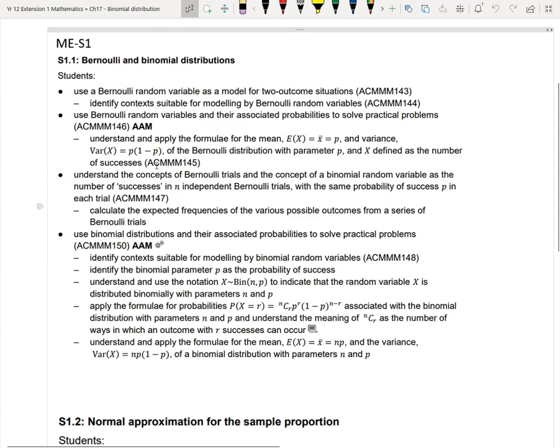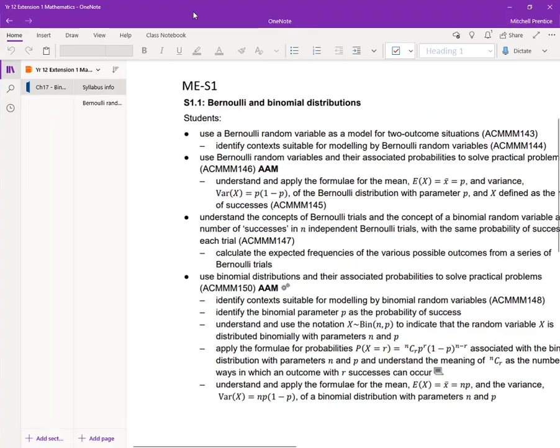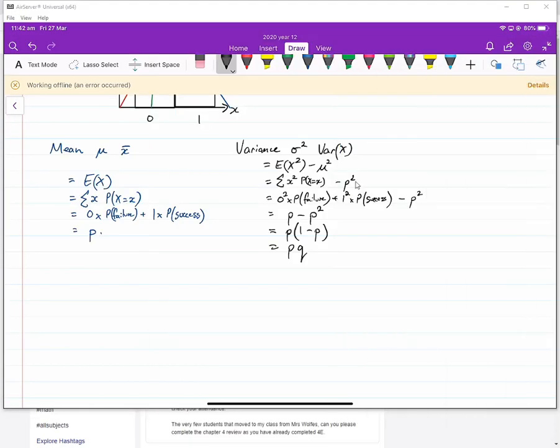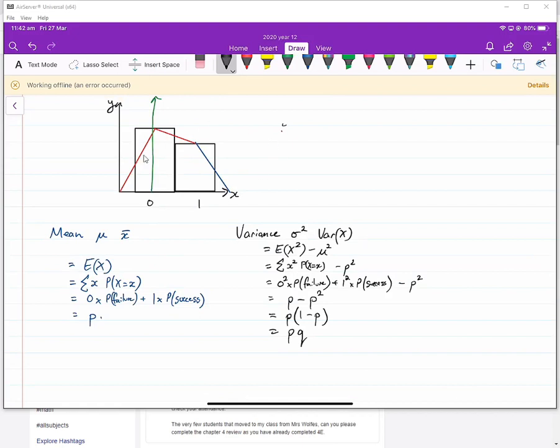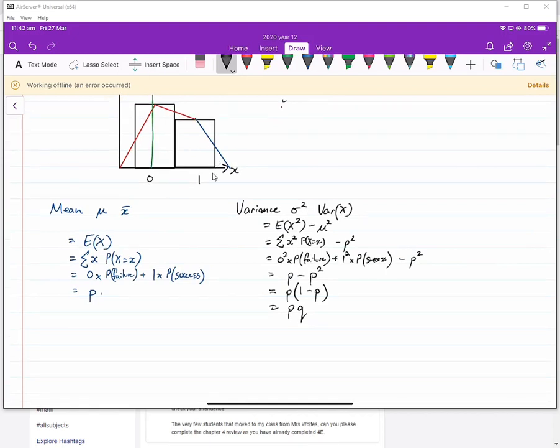Understand the concept of Bernoulli trials and the concept of a binomial random variable. We're not up to those, as the number of successes in n independent Bernoulli trials. What we've got here is a Bernoulli trial because we only have one trial. You're either going to get a success or a fail.